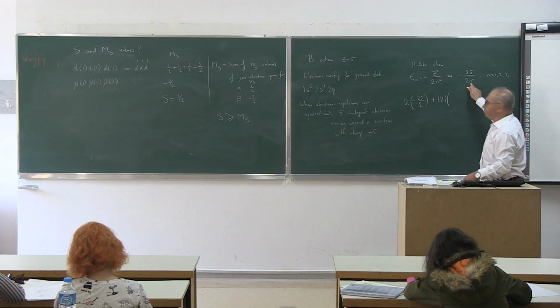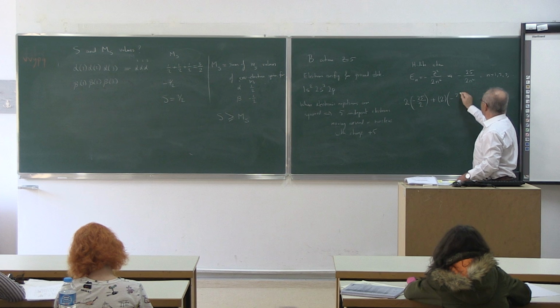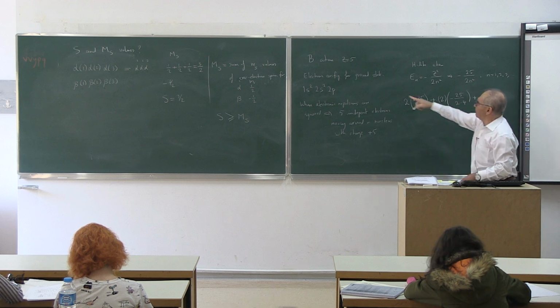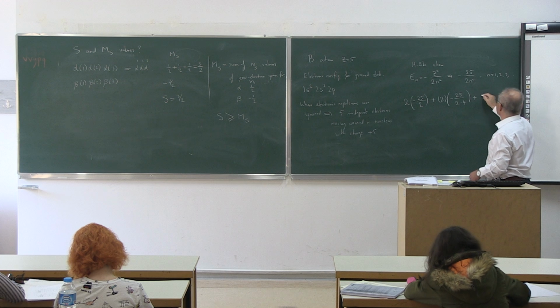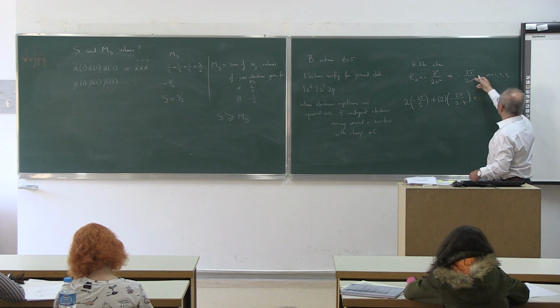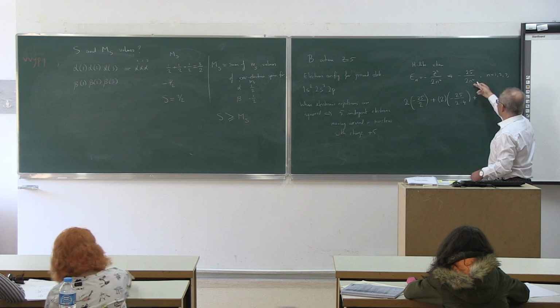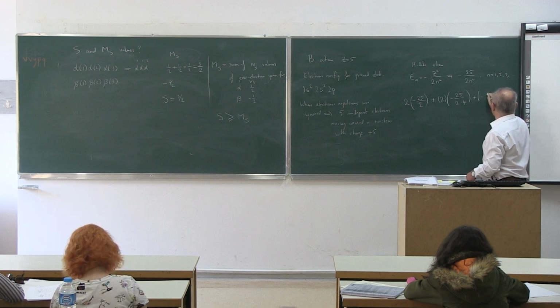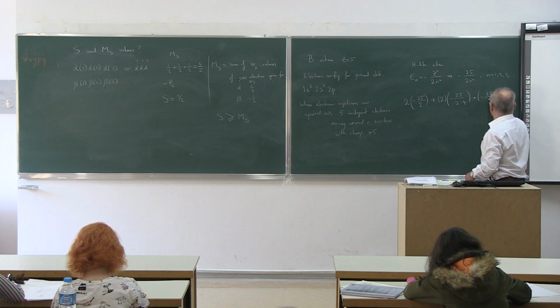N is 2, minus 25 over 2 times 4. Plus 1 electron in 2p. 2p energy is the same as this one. So there is also minus 25 over 2 times 4.